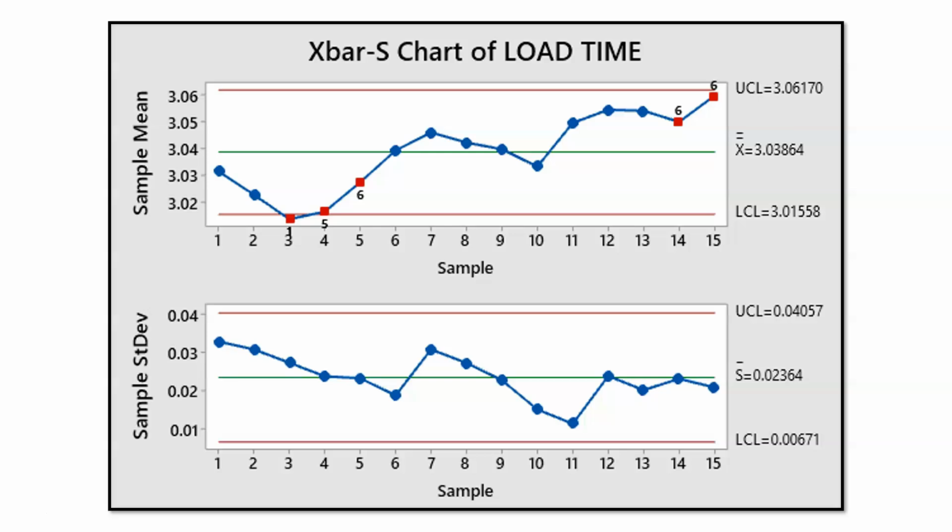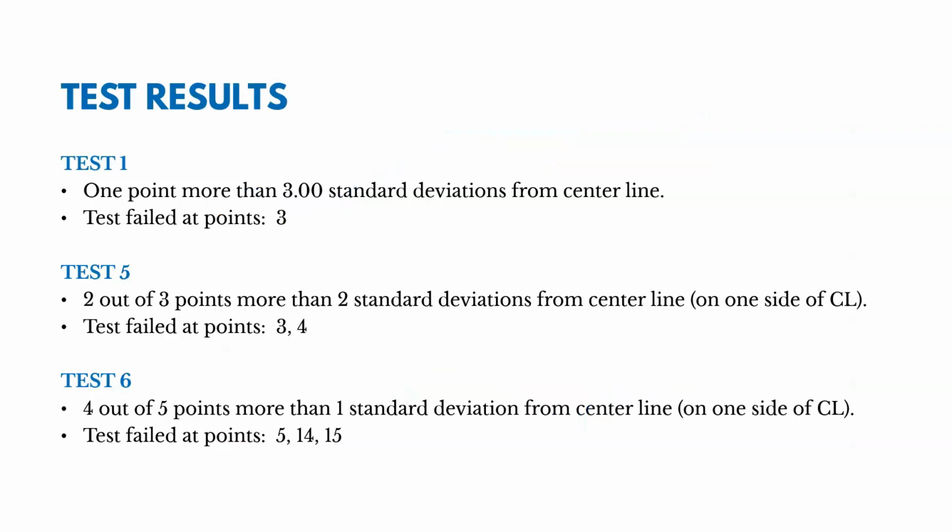And then we've got tests 5 and 6, so rules 5 and 6, that have been violated. And Minitab will explain those results to us, because if we just look at the red number 5, that might not make much sense. So in your output, you're going to see something like this. It'll say test number 1 failed, and it's 1 point more than 3 sigma from the center line. And then it shows you rule 5 and 6.